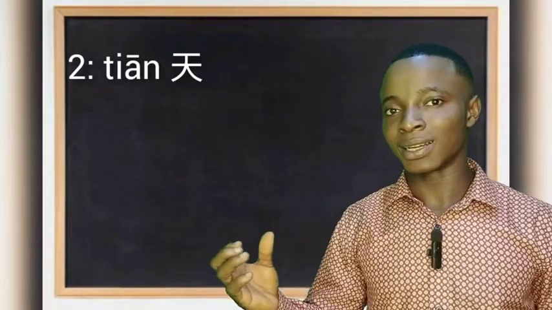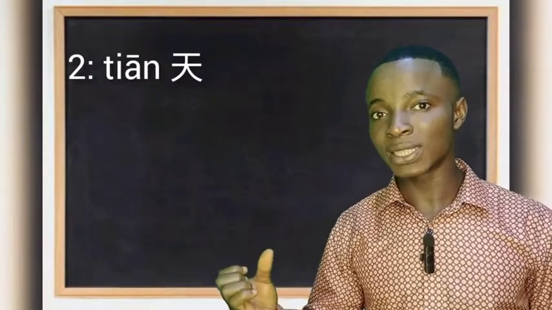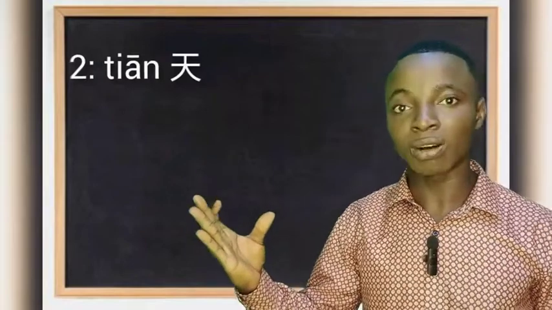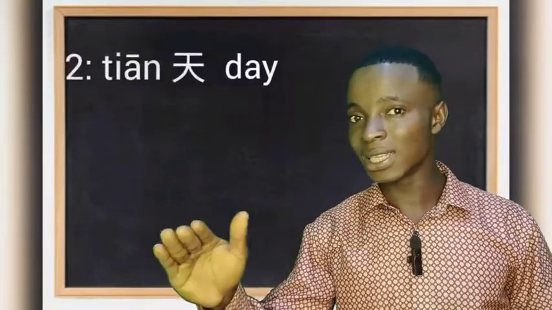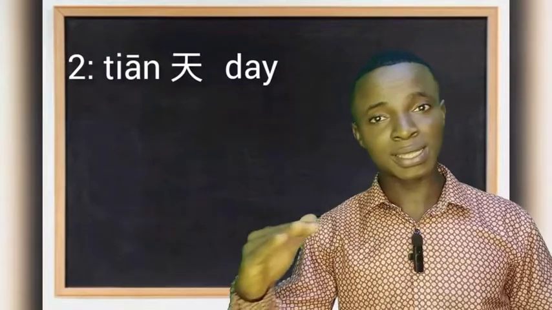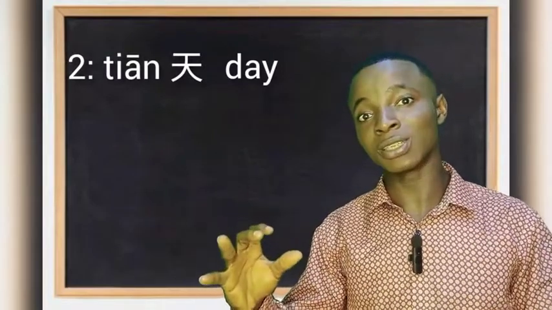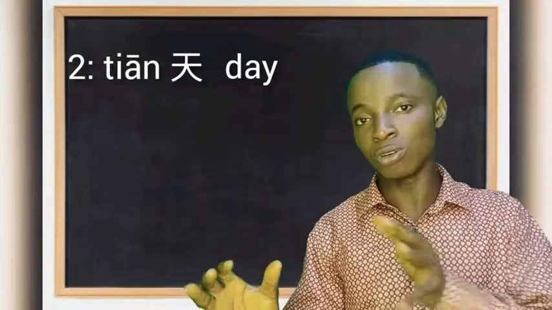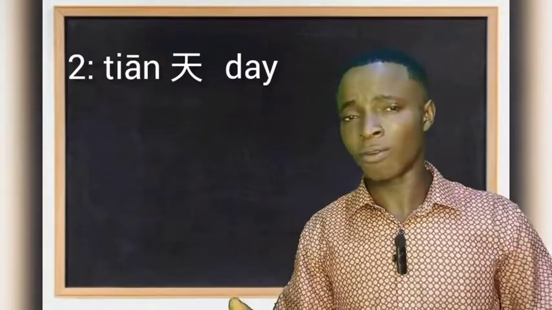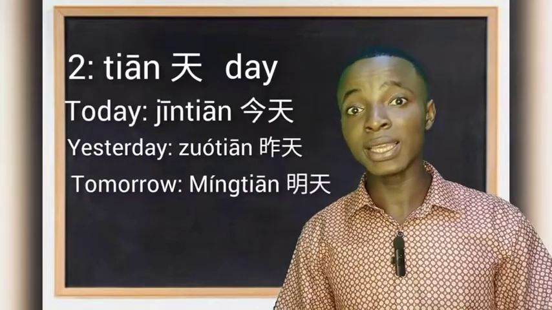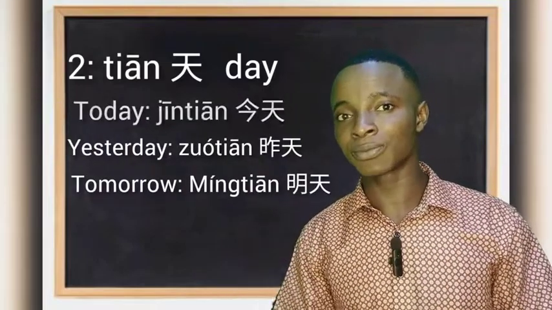The last character we're going to study this stroke with is this character on the screen. It means day. Tian, days. But the character doesn't always stand alone. It always goes with one or two others to mean the day we are talking about. For example, today is Jin Tian.